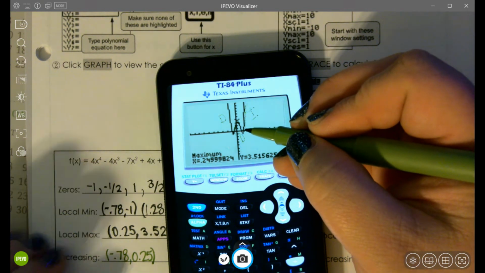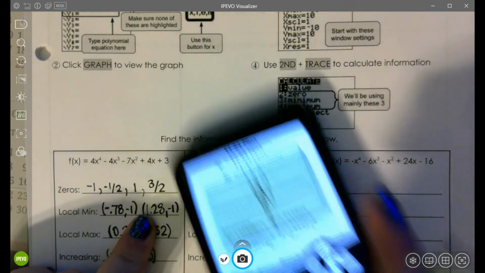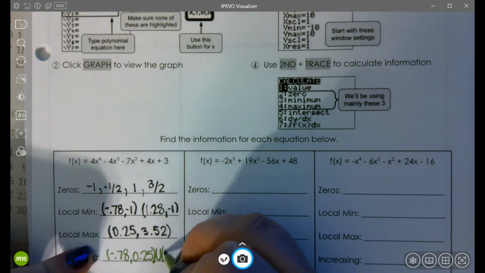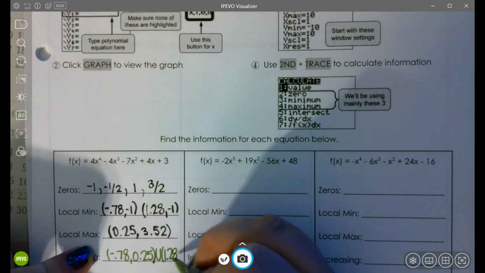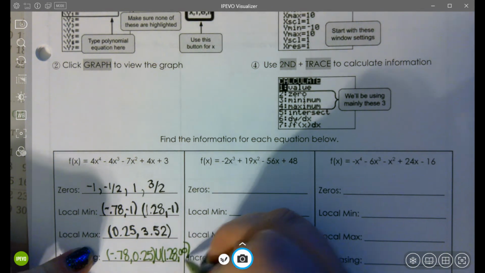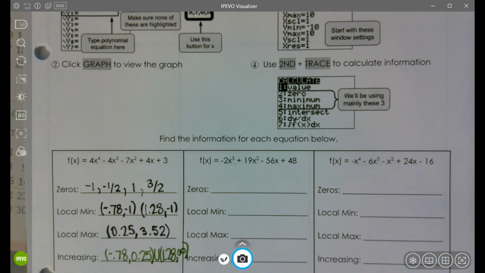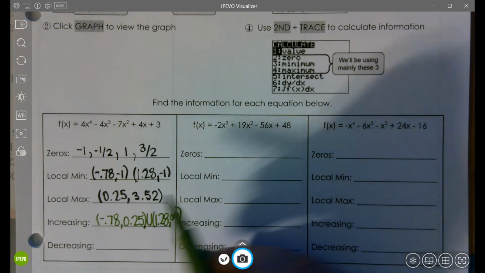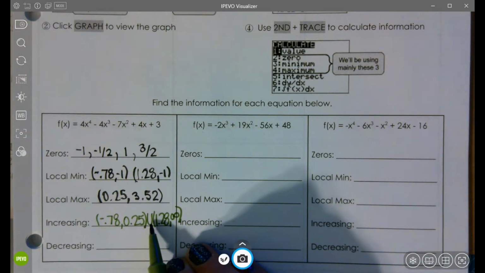And this minimum was 1.28. I'm only focusing on the x values. And I know I'm slightly out of space. I promise you I made these bigger on the homework. And whenever we have two intervals, we put this little u in between them.